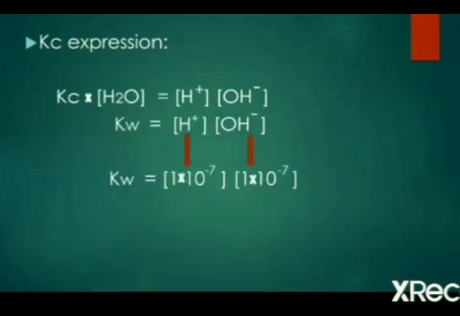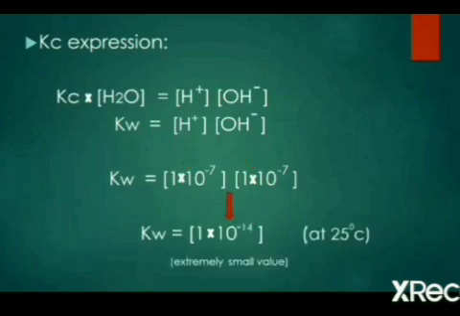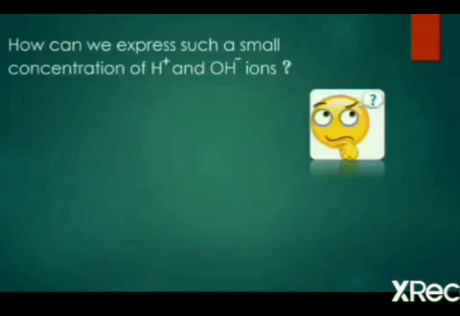Now in the Kc expression, we will put the values of concentration of H plus ions and OH minus ions. We know that the concentration of H plus and OH minus is 1 into 10 raised to power minus 7. So when powers are added, we get 10 raised to power minus 14. This is the constant value for Kw at 25 degrees.